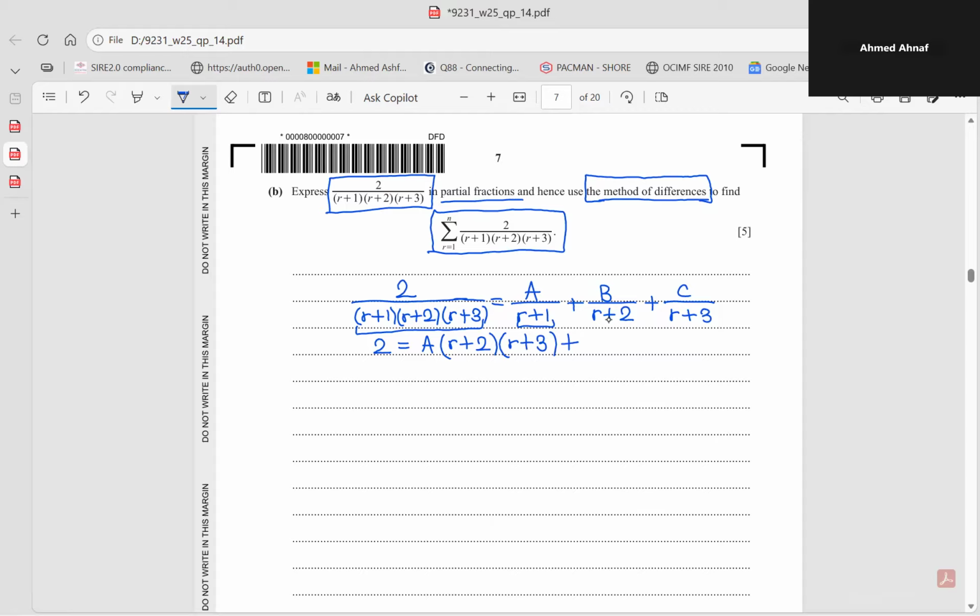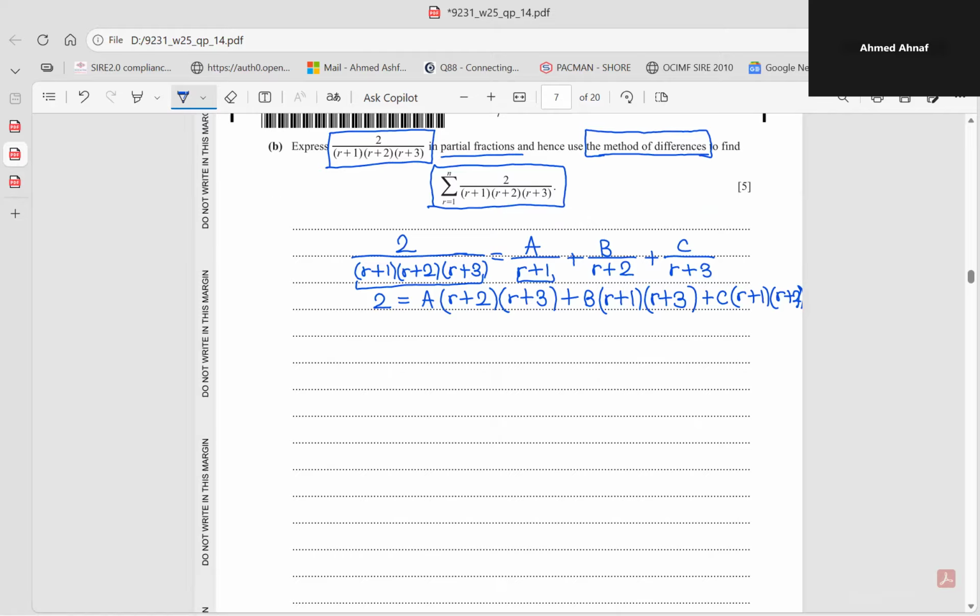Same for B, since r plus 2 is the denominator, only r plus 2 will go, so B times r plus 1 times r plus 3. Same for C, r plus 3 goes, so it will have r plus 1 and r plus 2. So this is the setup.